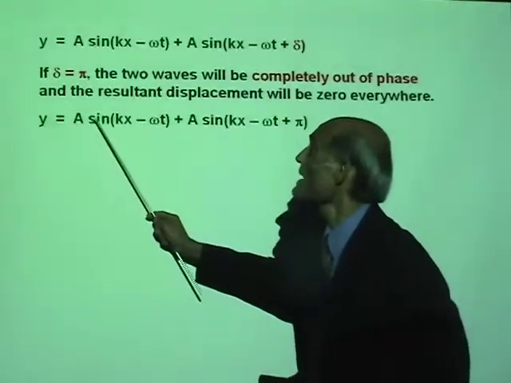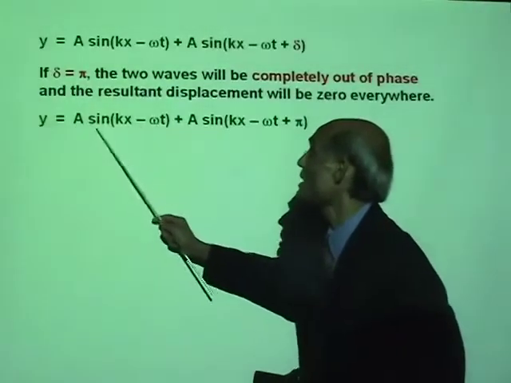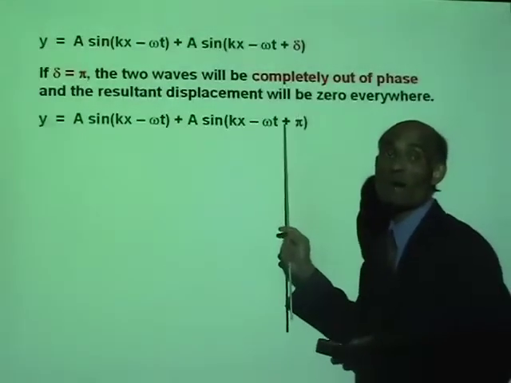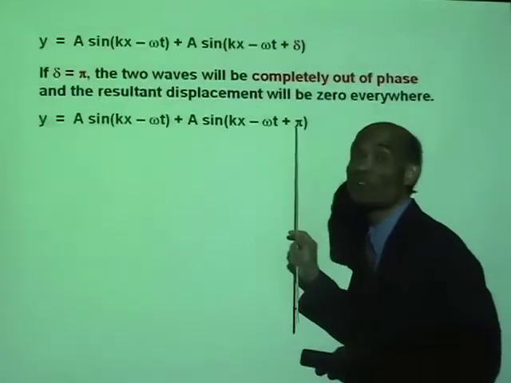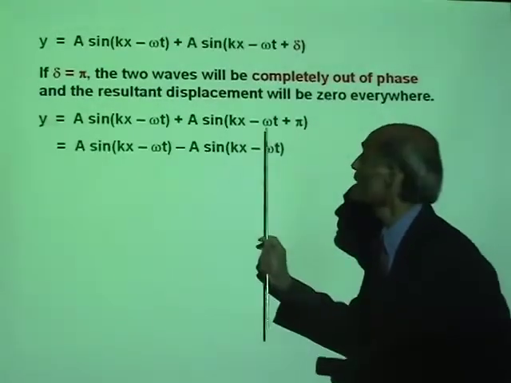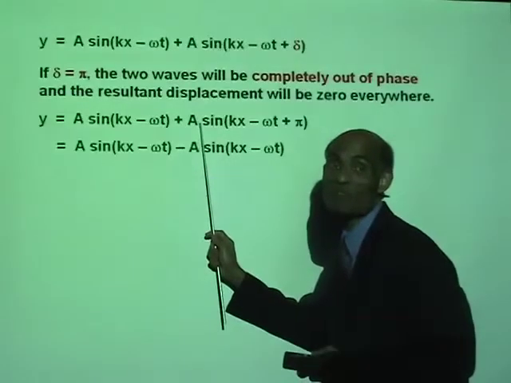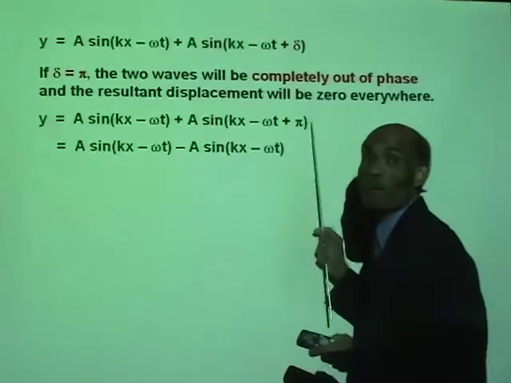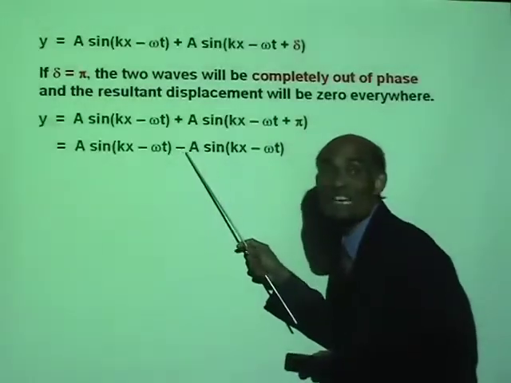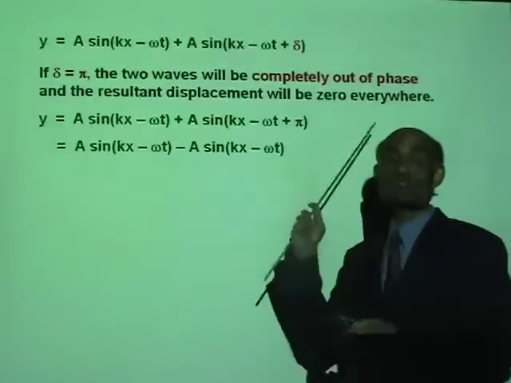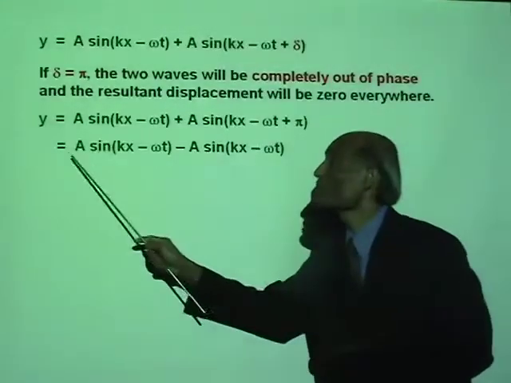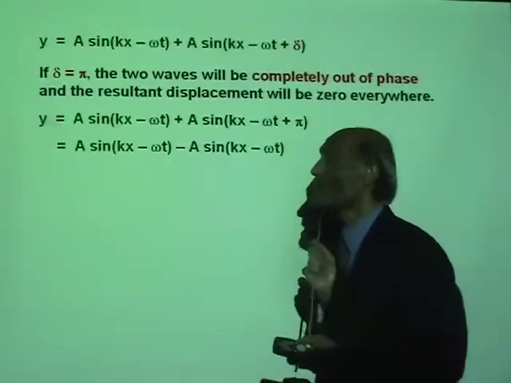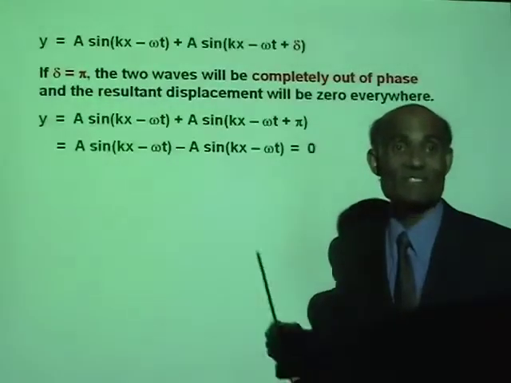So this will be y equals a sin(kx minus omega t) plus a sin(kx minus omega t plus pi). If you simplify this in trigonometry, I'm not going to take time to do that, but a sin(kx minus omega t plus pi) is the same as negative a sin(kx minus omega t). So this is a sin(kx minus omega t) minus a sin(kx minus omega t), that's 0.